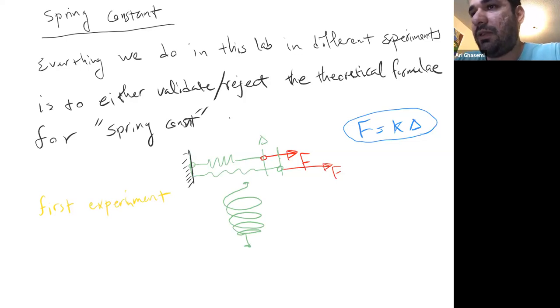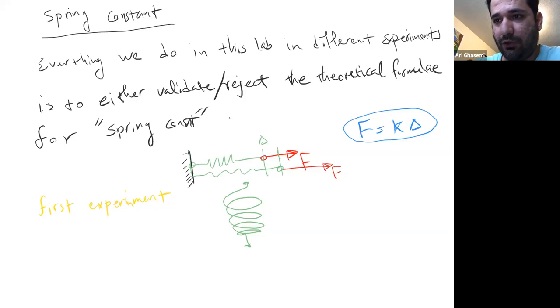And you compare it with the theoretical formula. But in the next labs, beam deflection, torsion, things like that, you will never see an actual physical spring. And then when I say find the spring constant, you get confused.